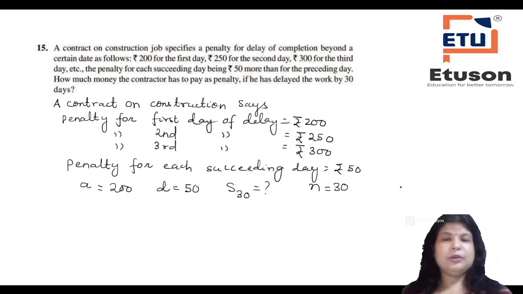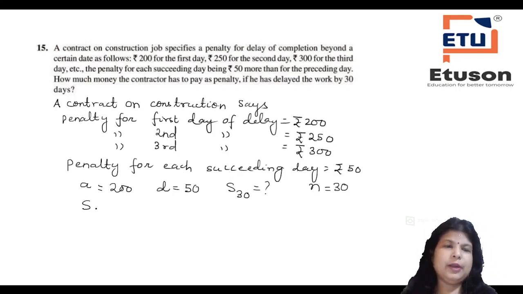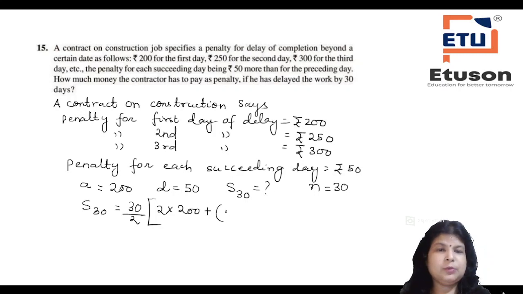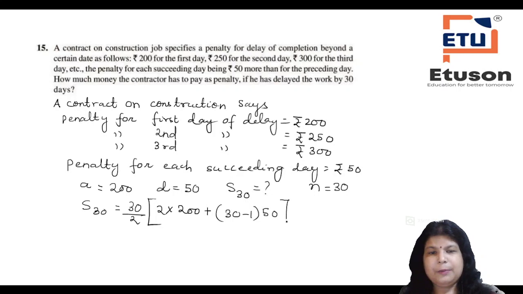Correct or not? Very simple now. How to find out? Put the formula S30 is equal to 30 divided by 2, 2 into 200 plus n minus 1, 30 minus 1 into d, that is 50.